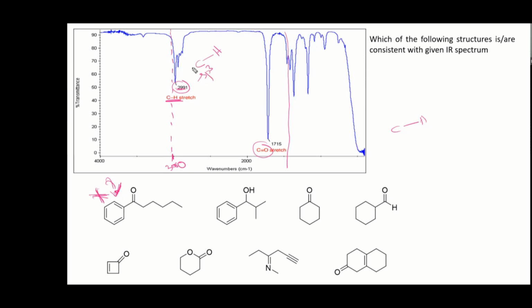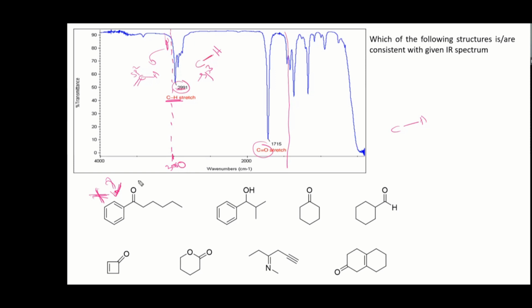When you have CH stretches above 3000, those correspond to carbons that are sp2 hybridized. When you have an alkene carbon or an aromatic carbon, those CH stretches are going to be above 3000. So this 3000 mark is a distinct mark that you can easily remember. Everything that is an sp3 carbon with a hydrogen attached is going to be below 3000.